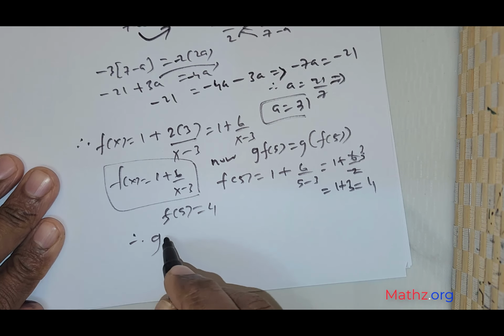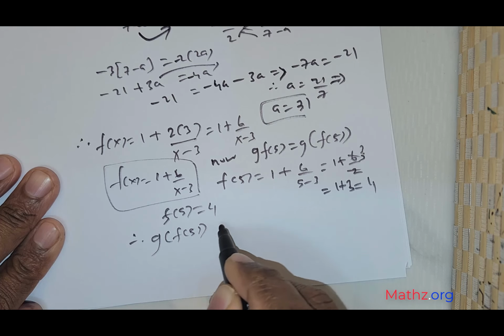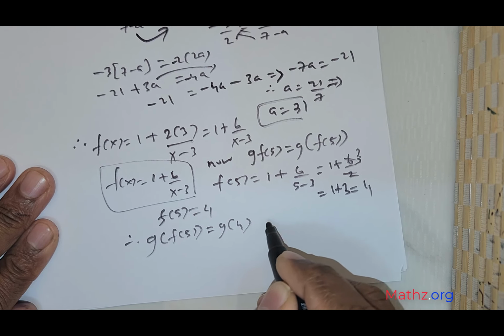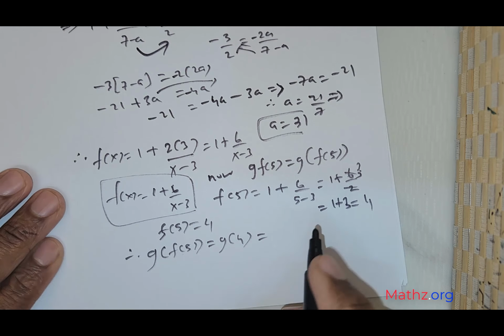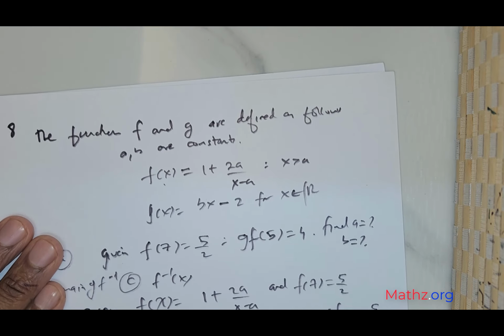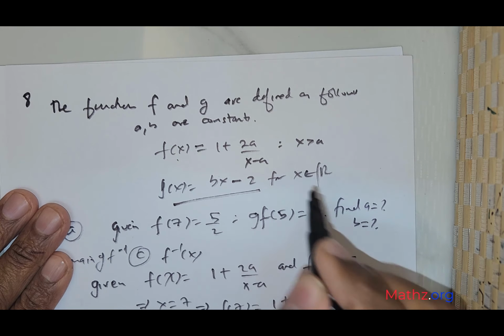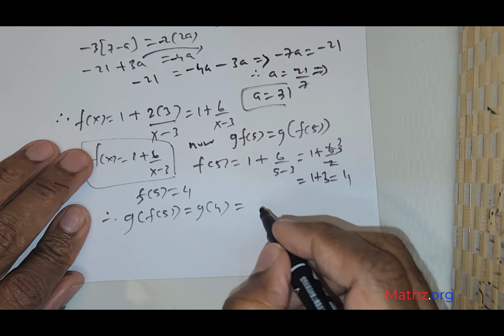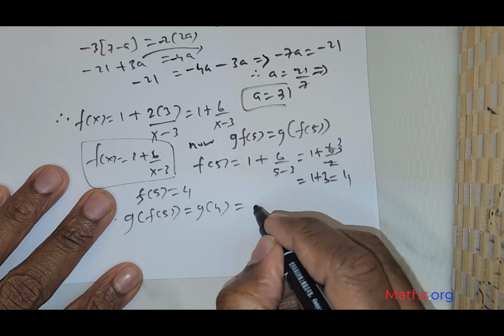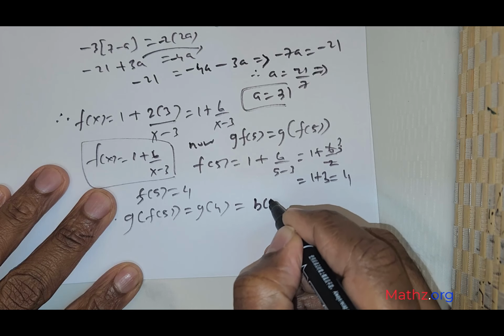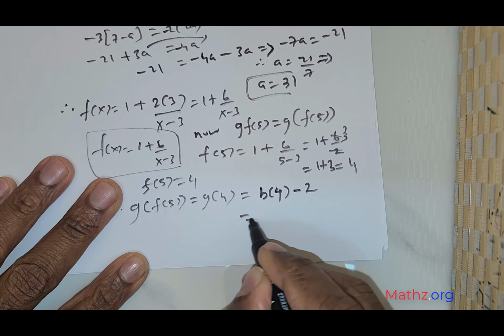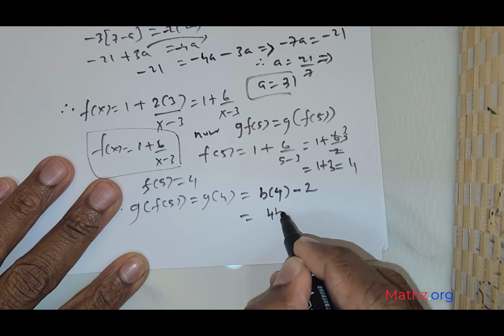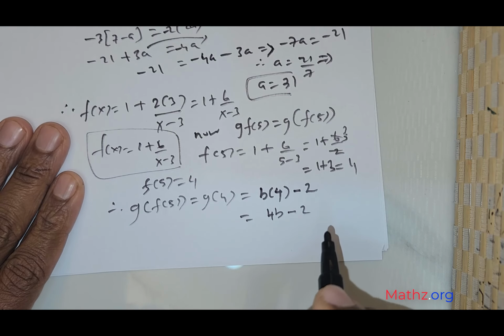Therefore g of f of 5 is equal to g of 4, which means you put this value into g of x. That gives us b times 4 - 2, so 4 times b - 2.